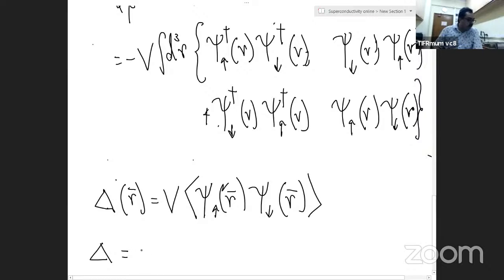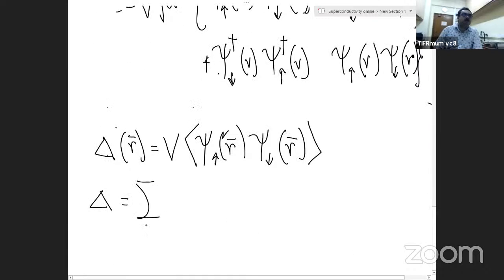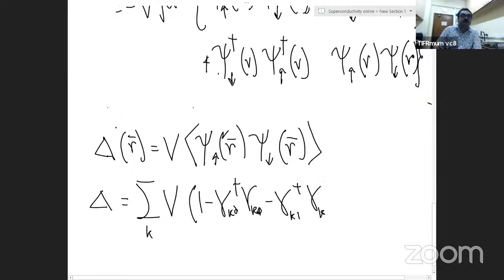Remember, in BCS theory, what we have just done by canonical transformation, the gap was given by V into 1 minus gamma k0 dagger gamma k1, and then minus gamma k0 dagger gamma k0 gamma k1 dagger gamma k1, multiplied by uk into vk.